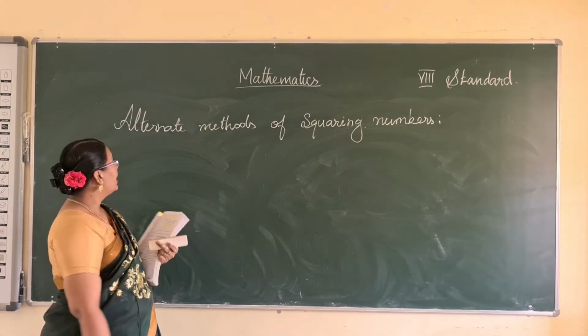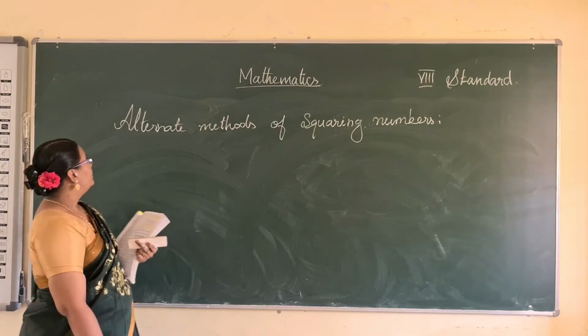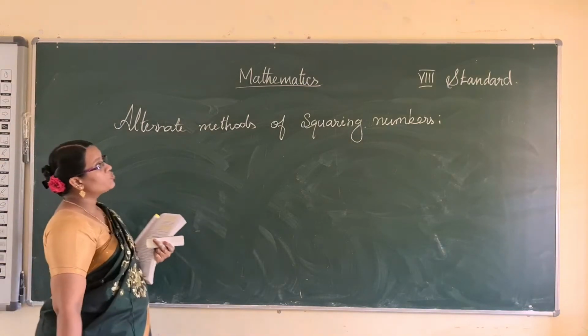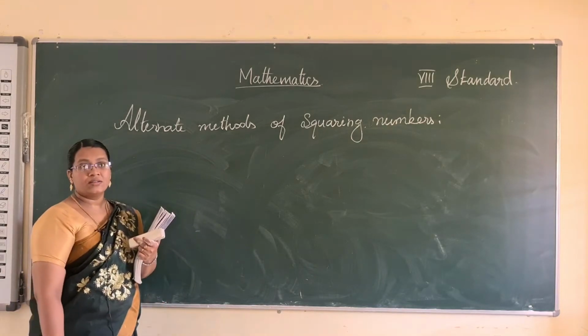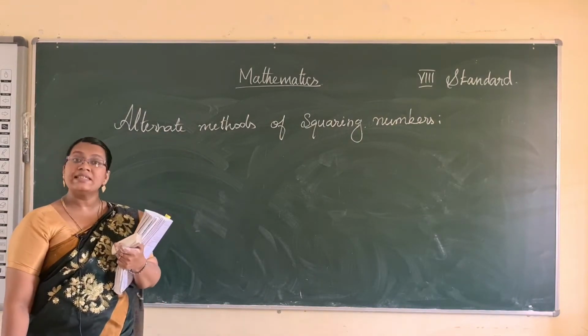Today we will learn three types of alternate methods of squaring numbers. The first type is the diagonal method.